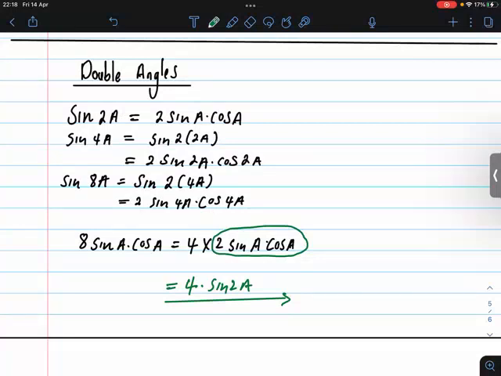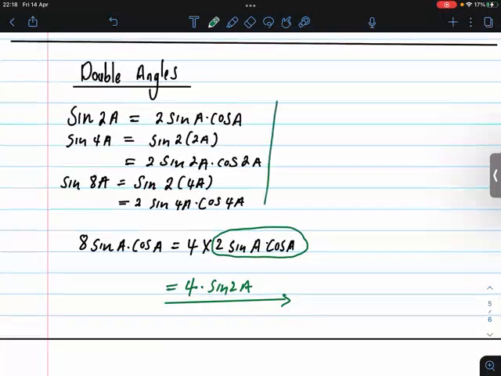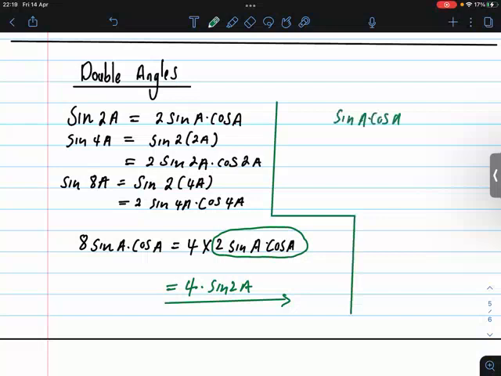Now, I want us to look at this one. What about this one? What is sine A cos A? When you look at this, what is missing from this and that? It's the 2. Do you see that?